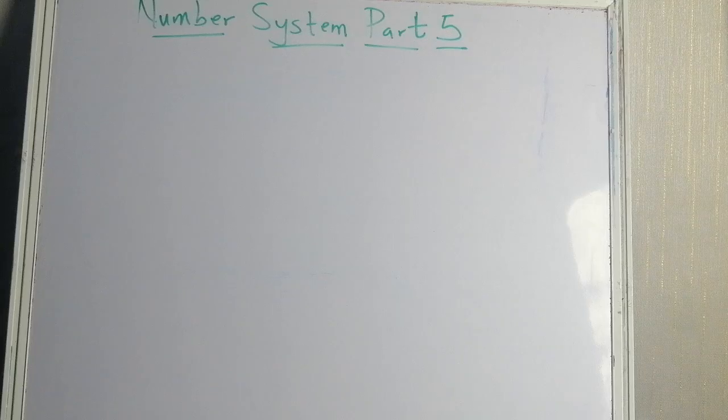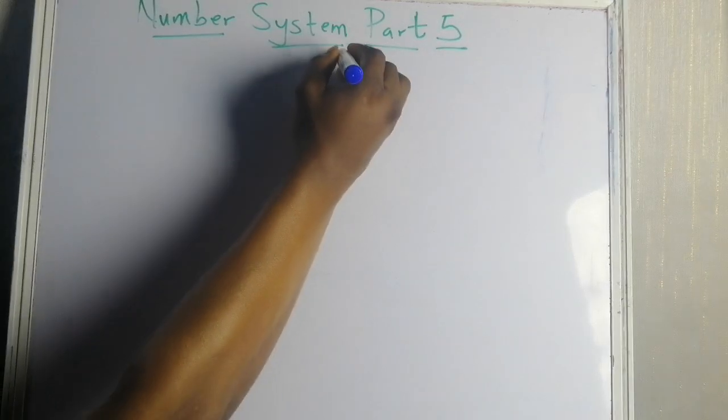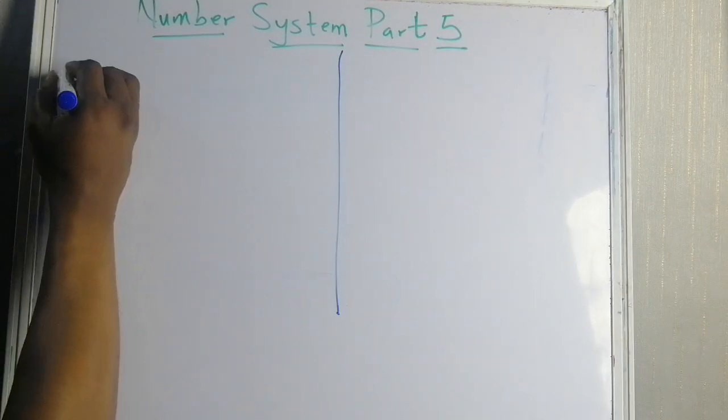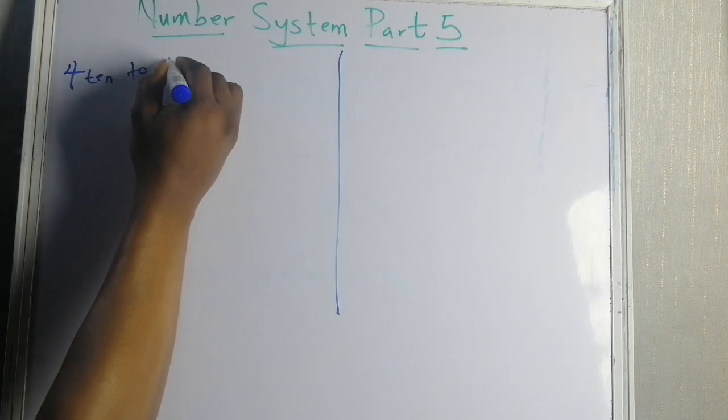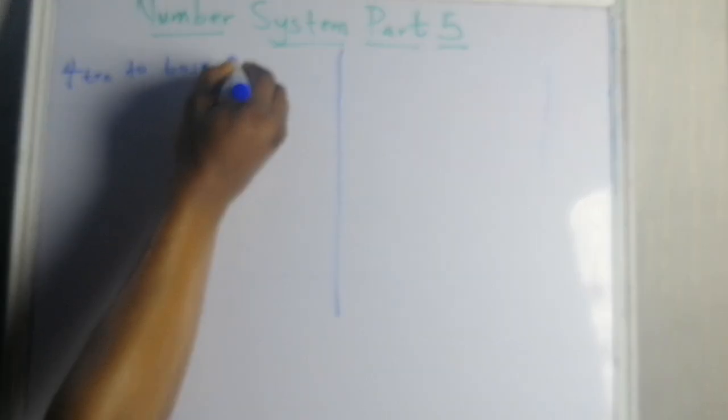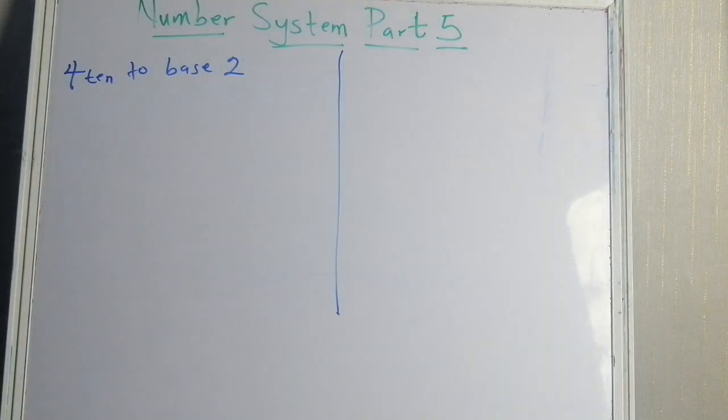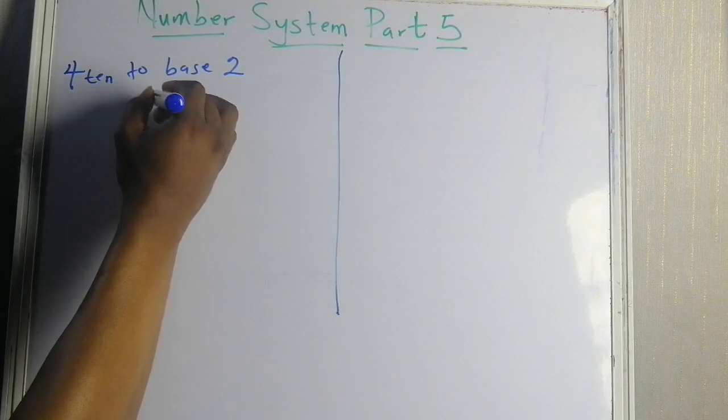So here, let me divide this into 2. So 4 in base 10 to base 2. Like I said, base 2 is the binary system, and I've shown you how to do that.